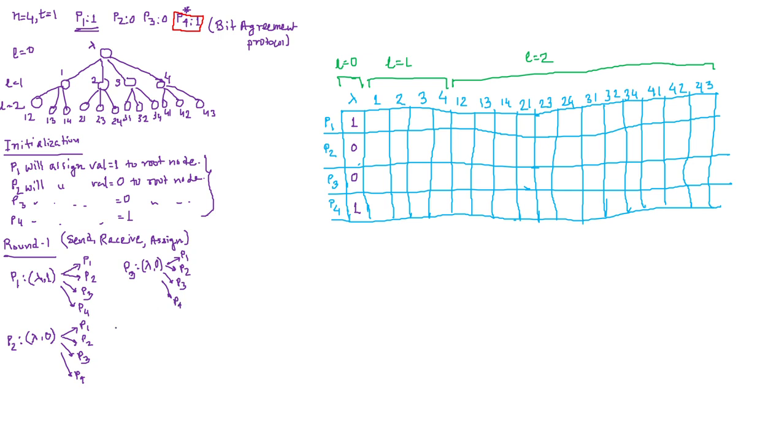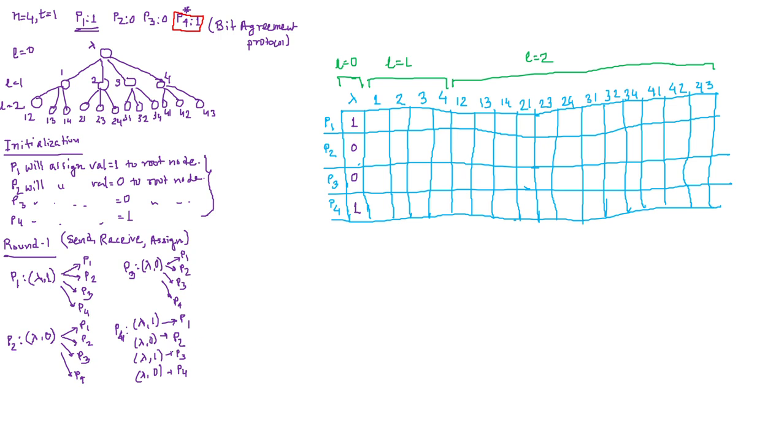Okay. And P4, here comes the fun, because P4 is corrupted. It is supposed to send lambda comma 1 since it has 1 at its root node, but it may choose to send different values. So let's say it sends lambda comma 1, the actual value, to P1, lambda comma 0 to P2, lambda comma 1 to P3, again lambda comma 0 to P4.